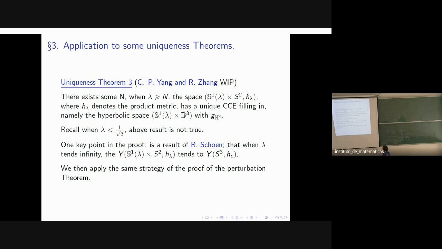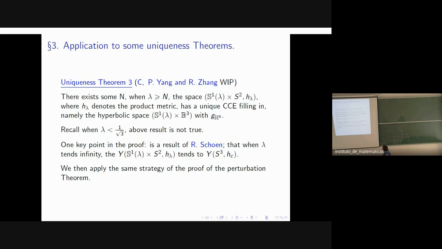We know that S^1(lambda) × S^2 with the product metric has different fillings. But this theorem says that can only happen when lambda is small. It says that if lambda is sufficiently large, then S^1(lambda) × B^3 is the unique filling in.